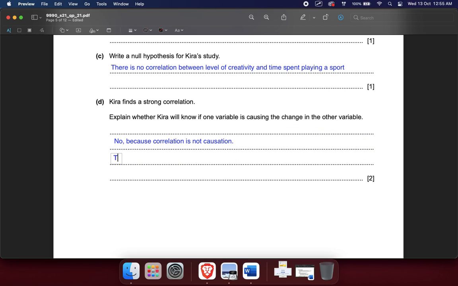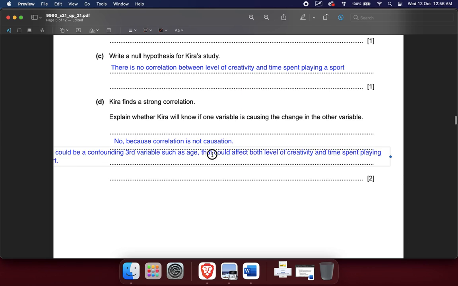So I might say there could be a confounding third variable, such as age, that could affect both level of creativity and time spent playing sport.